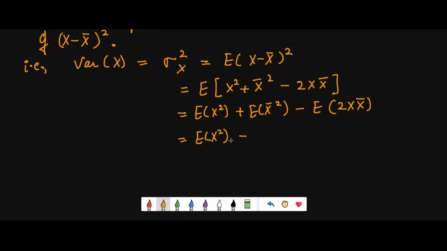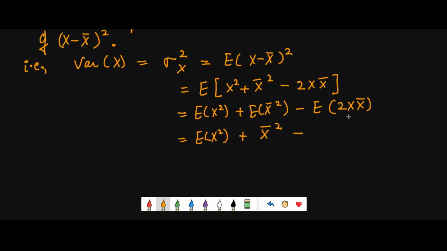What is x bar? X bar is the mean value, and if it is a mean value, we know that it will be a constant. So x bar being a constant, it would be just x bar square, as the expectation of a constant is the constant only.